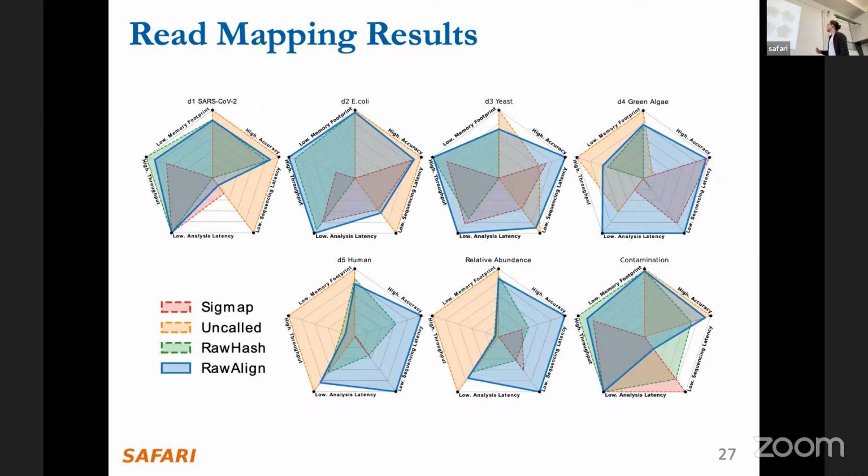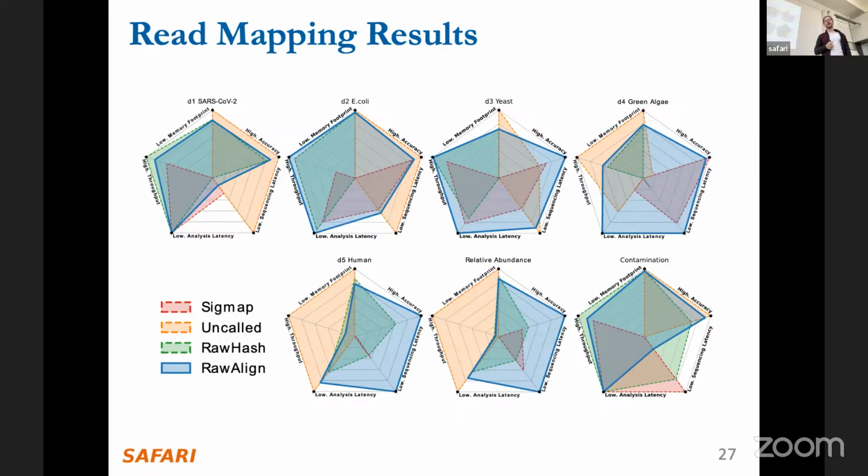So yeah, one particularly funny one is relative abundance over here. Here we have Uncalled, for example, which has extremely high throughput, extremely low memory footprint, and very low analysis latency, but does so without any tangible accuracy whatsoever.